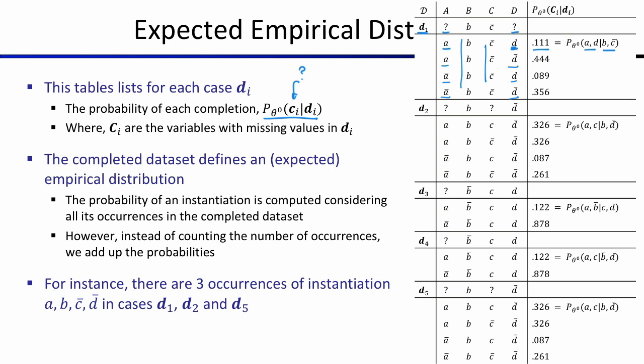And we move on and we compute the other possible entries here. So the second case here is going to be the probability, with parameters theta 0, of A and not D given B and not C. So B and not C is fixed, and the other ones are the instantiations that we have here, here, here, and here.